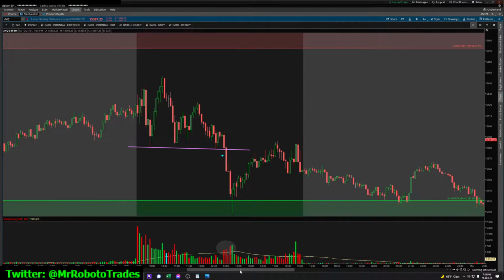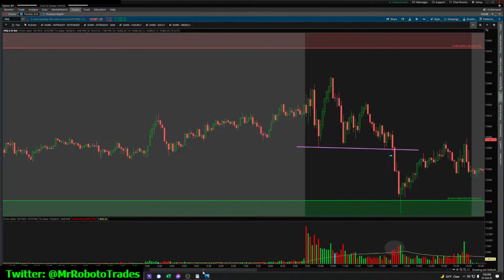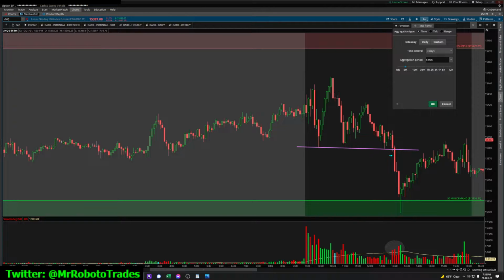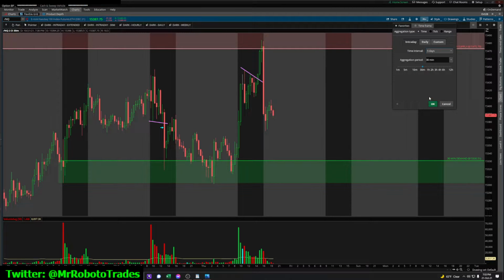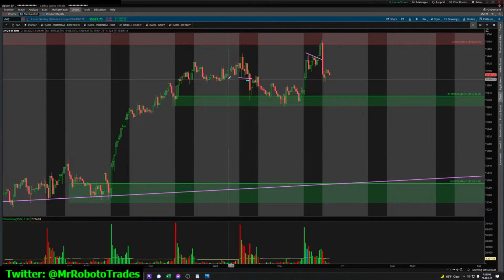If we zoom out a little more, you'll notice there was a key level here. Let's go to the 30-minute and put some more days in here. There was a key level right here, this pre-market level, and it's also former resistance.